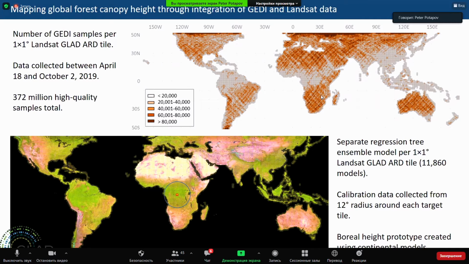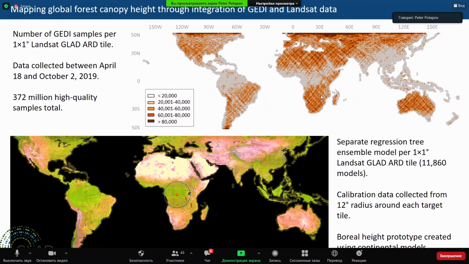We built our model so that it would be global, and since this is an empirical model, we wanted to be able to process local forest structures. That's why we produced regression trees-based machine learning models for every plot of 1 by 1 degree.